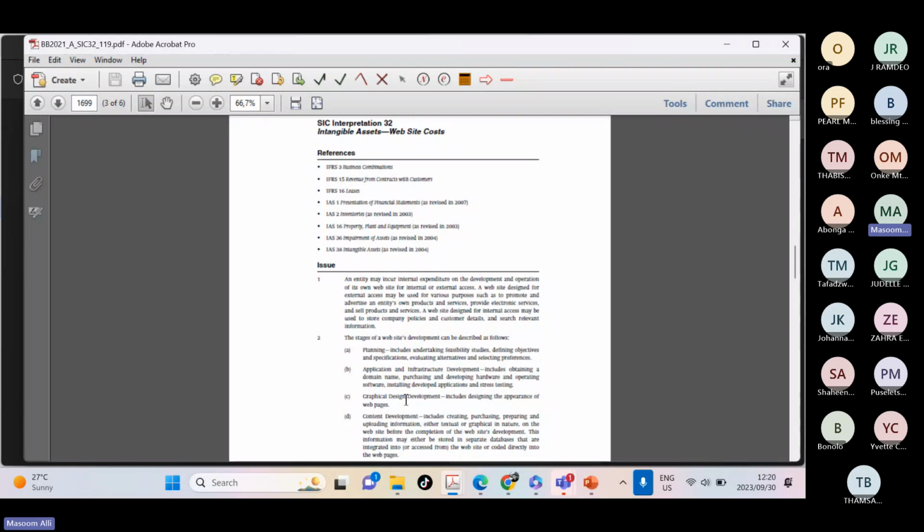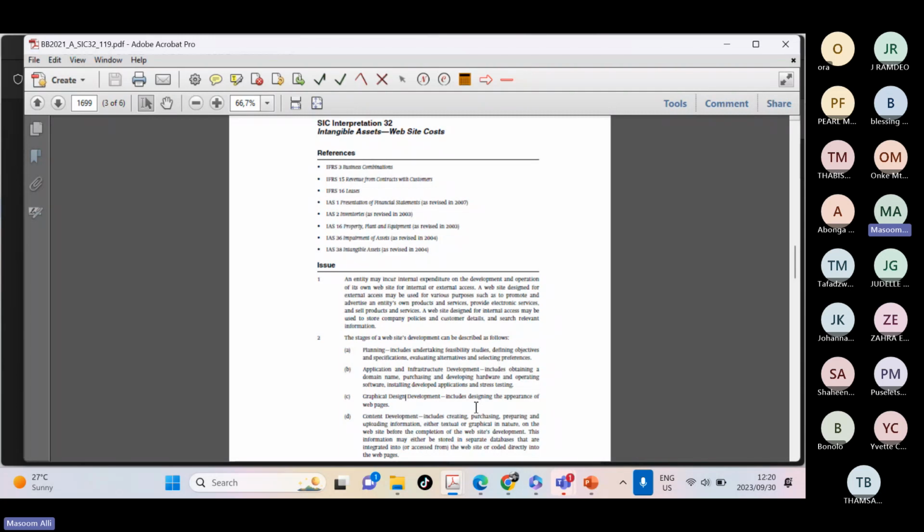Then the costs that form part of our graphic design and development phase, right? So they'll tell us, the developer spent 50,000 Rand developing the web page or designing the web page or whatever, right? Thus, again, you will look at the purpose of the website, okay?